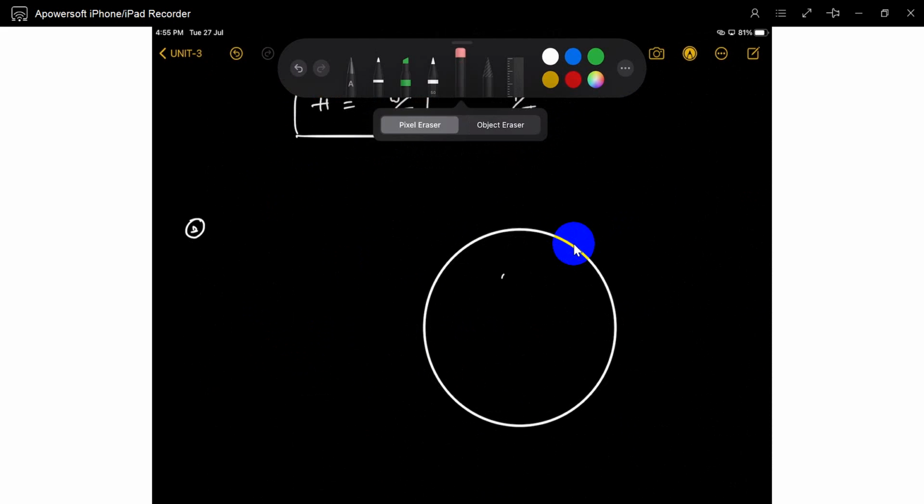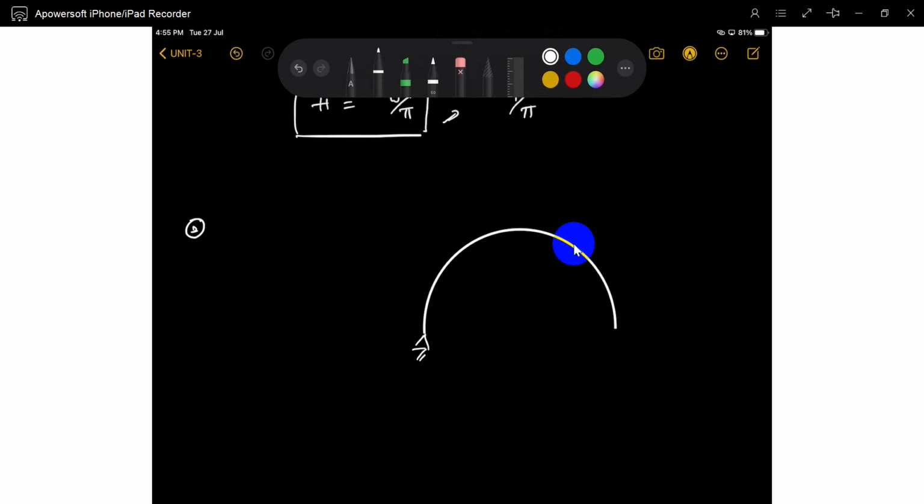If we apply a uniformly distributed load, W per meter, on the same semicircular arch.